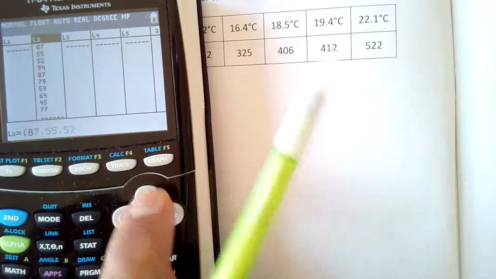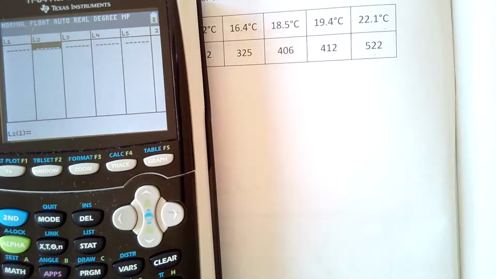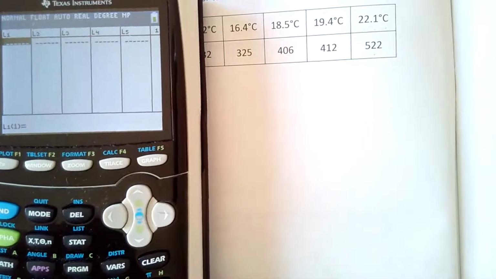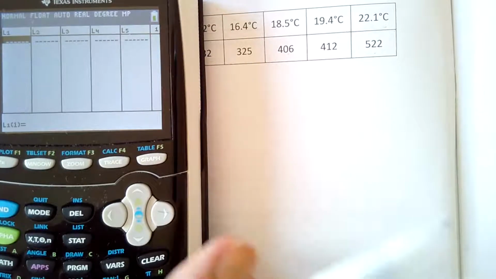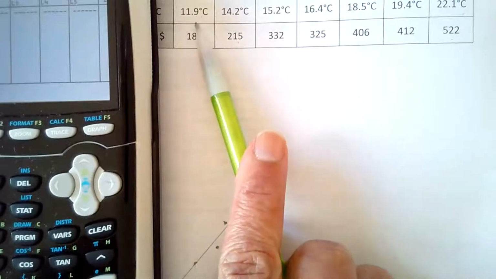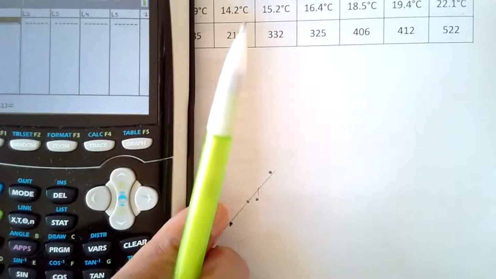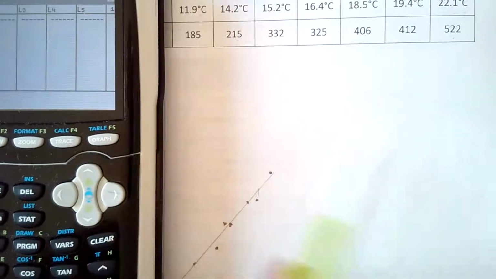Do the same thing, go across to L2, press clear and enter. Do not press delete. Press the clear button. If you press delete, you will remove that column. Now we have list one, L1, and L2. L1 will be your temperature and L2 will be your sales. So let's enter that set of data.